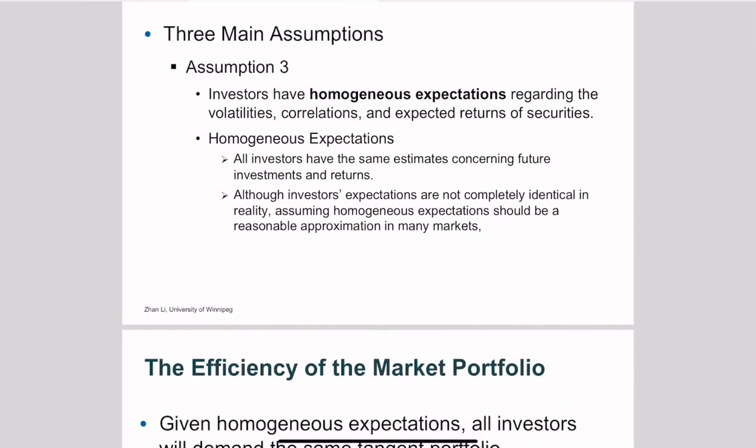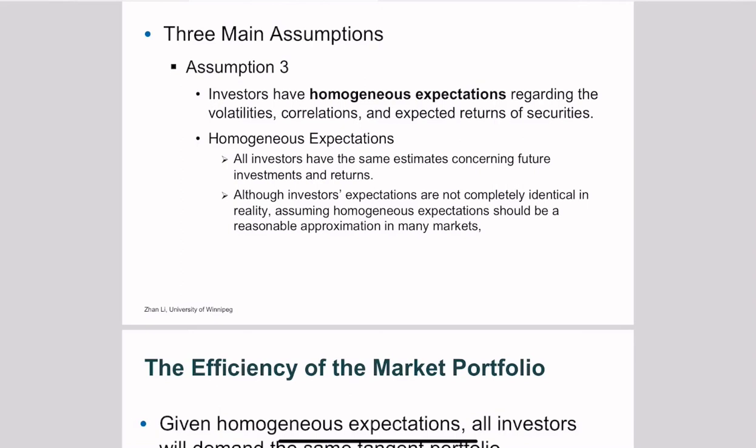Now, you can see that assumption three is actually very, very strong because it assumes that investors have homogeneous expectations, right? They all have the same expectations, which is obviously not true. But how do you justify this? Well, the textbook gives you some explanation. Why could you make an assumption like this?